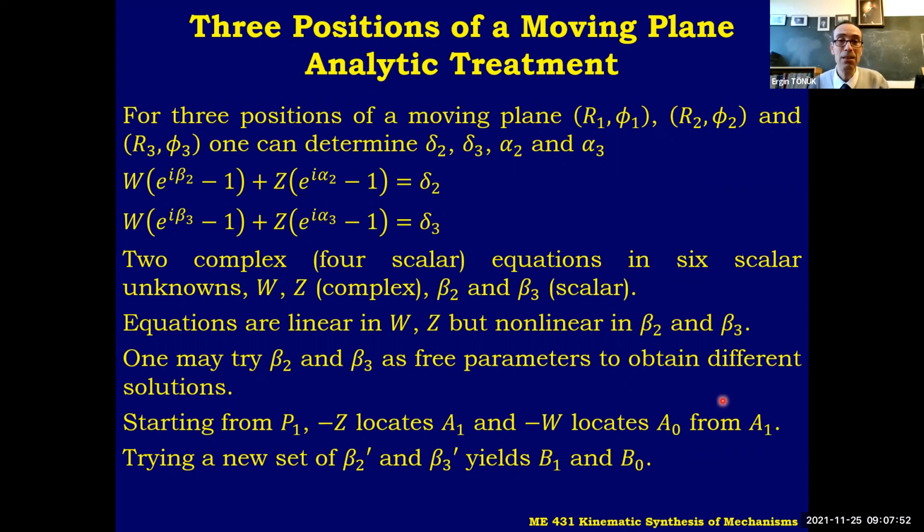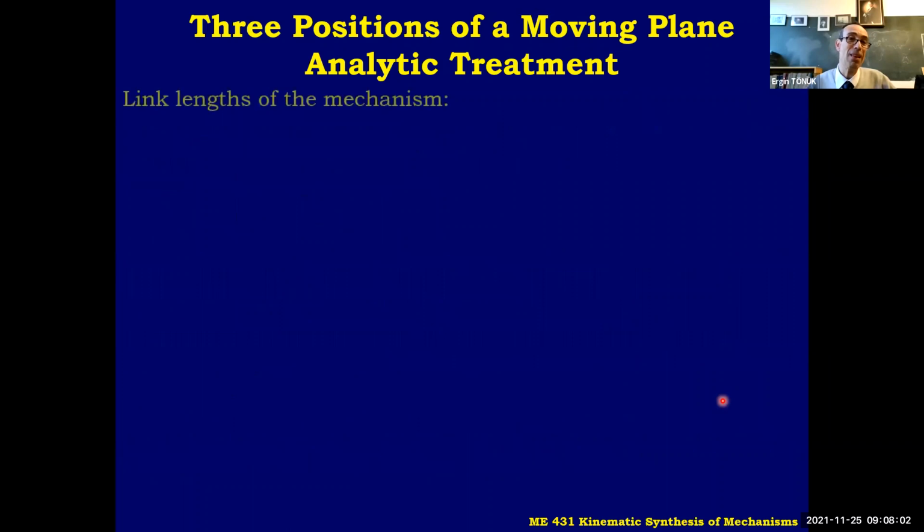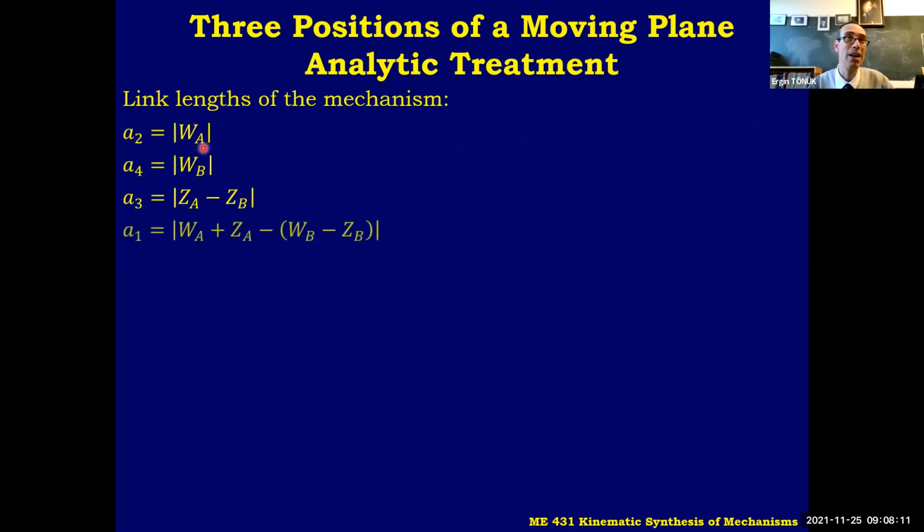So that's the major derivation, I would say. Now, what is interesting is the link lengths of the mechanism are like this. A2 is the magnitude of the complex number WA, okay? It's the real part of WA squared plus the imaginary part of WA squared, and the square root of the sum.